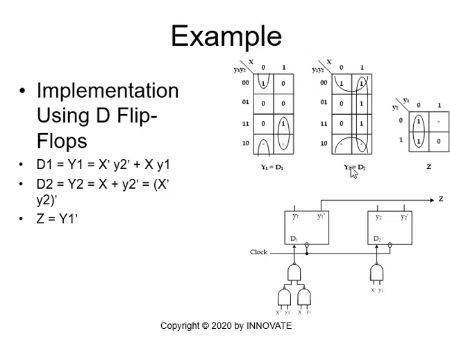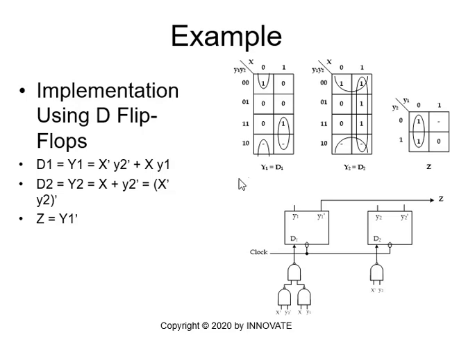The same thing for Y2, we have the K-map for Y2 and Y1. But we know from the characteristic equation for the D flip-flop that D1 is equal to Q1 plus, which here is Y1. And Y2 will be equal to D2, and Z is 1, 1, 0, so it's very simple.